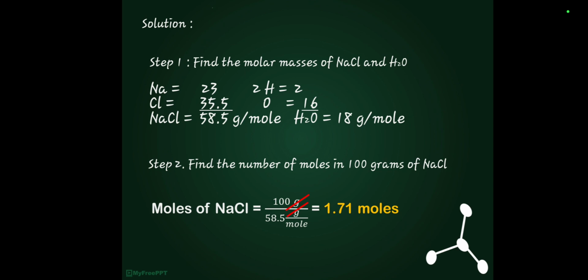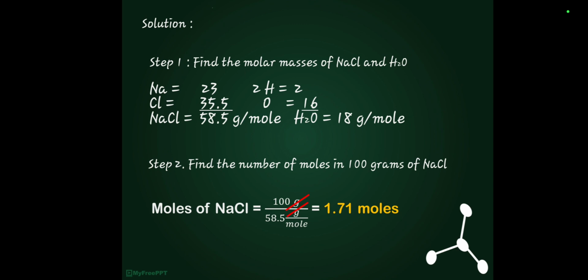Step 1: convert the grams into moles by using the molar masses of sodium chloride and water. For sodium we have 23, for chlorine we have 35.5, so it is equal to 58.5 grams per mole. Let's round it off to a whole number.